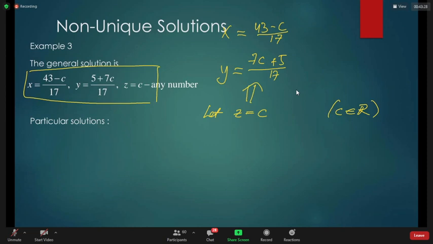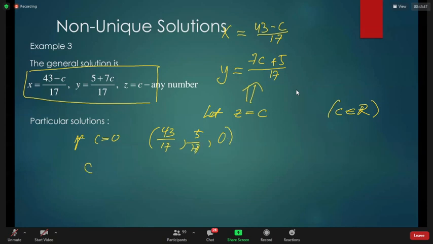So particular solutions. For example, we can choose any values of c. If c is 0, we have a particular solution: 43/17, 5/17, and 0. That's one particular solution.